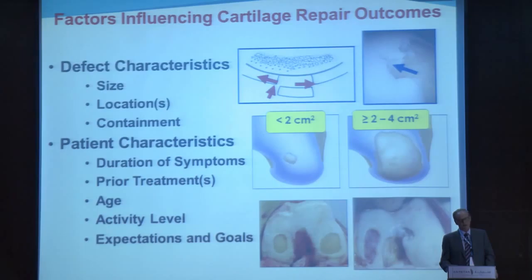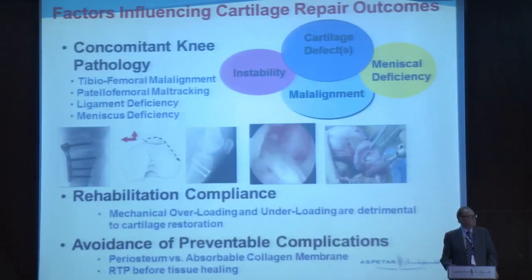Other patient characteristics that we want to individualize: the duration of symptoms, prior treatments, the age of the patient, the activity level, and the expectation and goals. Concomitant knee pathology, tibiofemoral malalignment, patellofemoral maltracking, meniscal deficiency, and ligamentous deficiency are all things that need to be addressed, typically concomitant with cartilage reconstruction.